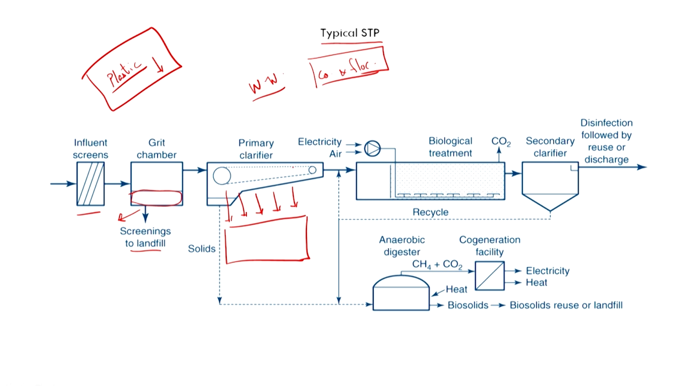And then what do we have after we remove? What are we trying to remove in this primary treatment? Suspended solids. Suspended solids will also have some organic material, obviously. So the overall BOD will decrease, but the soluble BOD will not decrease by much. The soluble BOD, meaning the organics which are soluble, we are going to remove by biological treatment. As discussed earlier, how are we going to do that?